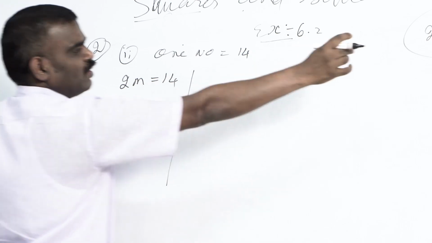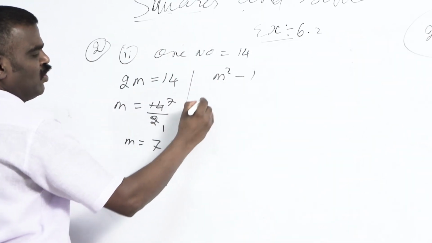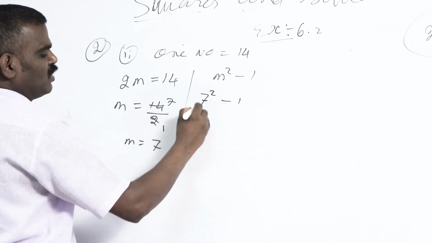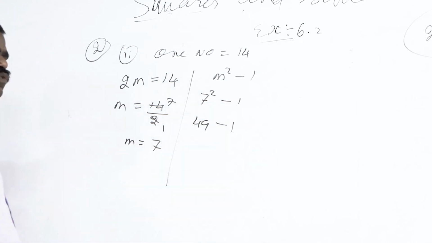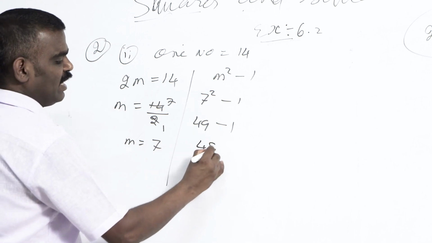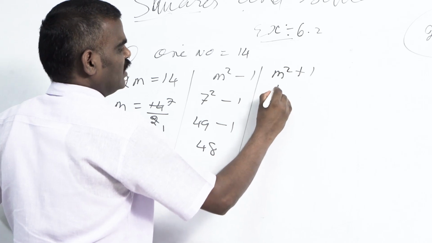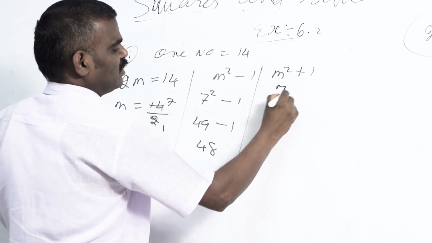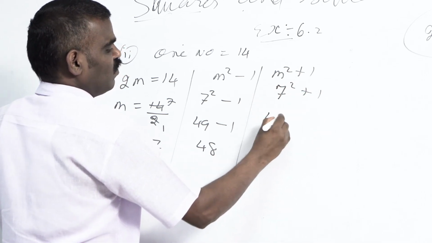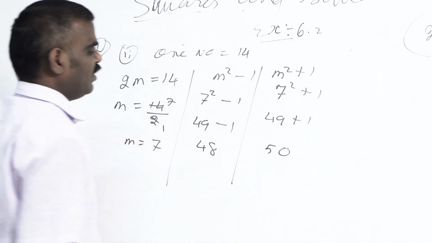Next, which one? M square minus 1. M is equal to how much? 7 square minus 1. 7 7s are 49, minus 1. 49 minus 1 is how much? 48. Next, which one? M square plus 1. That is 7 square plus 1. 49 plus 1 is how much? 50.